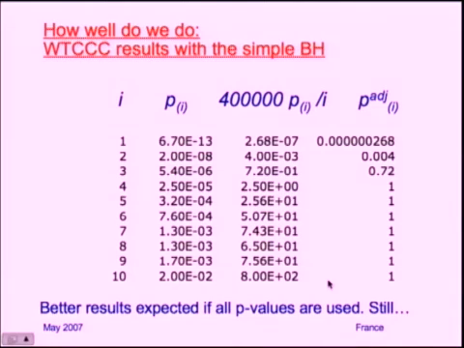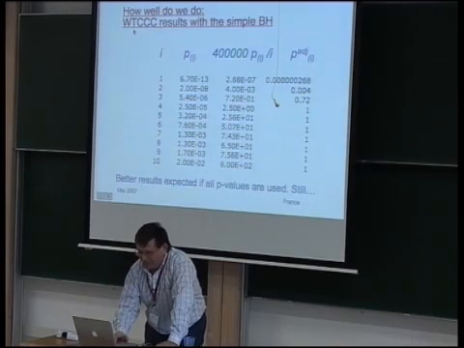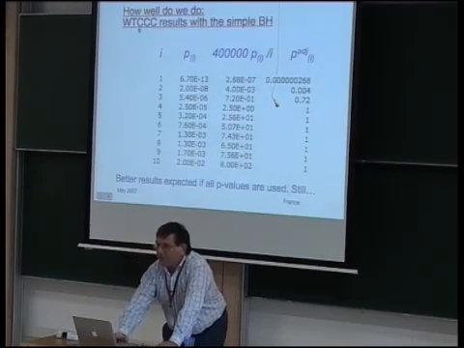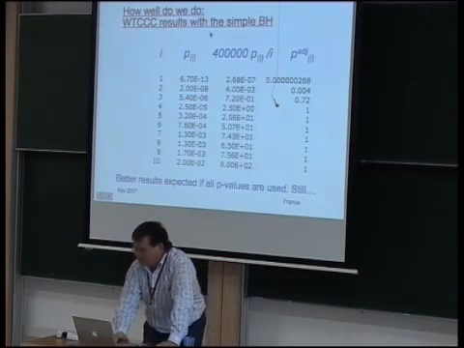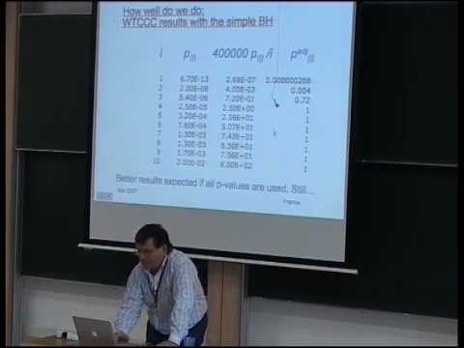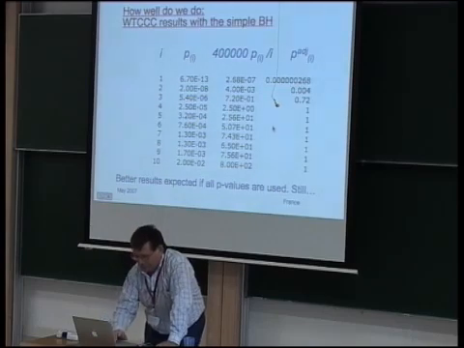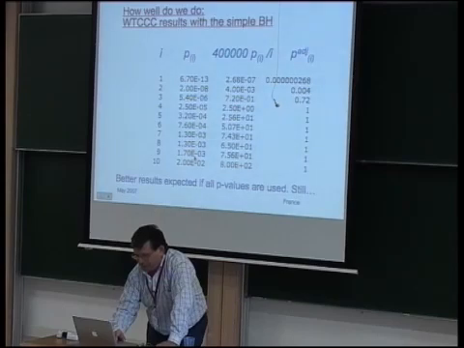Part of it known, part of it new, but how well do we do with the example at hand? What would have happened if the Wellcome Trust Consortium had used the simple BH approach using the p-values in the table? Well, here are the 10 p-values. They are sorted. We calculate for them the adjusted ones.